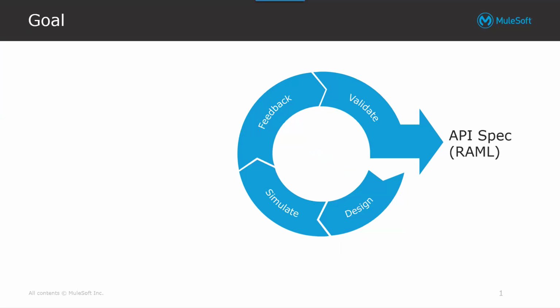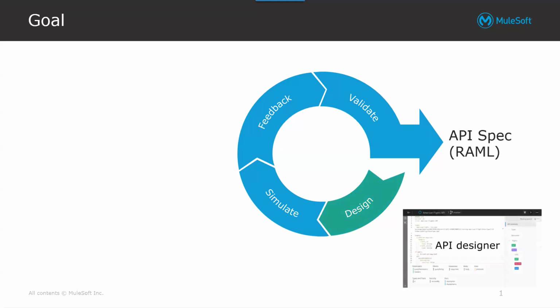And in our case, we are going to showcase RAML. However, OAS or OpenAPI spec, which is formerly known as Swagger, is also another language that can be used for specifications. These are all created in API Designer. Another option is creating your specifications in Anypoint Code Builder.